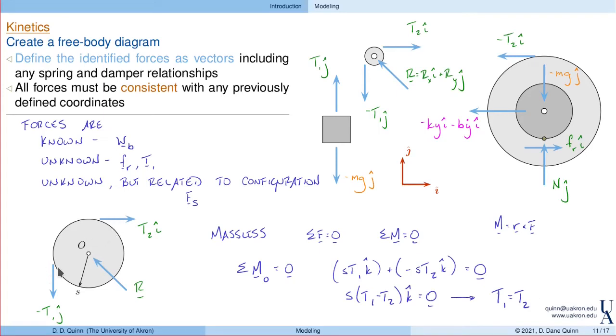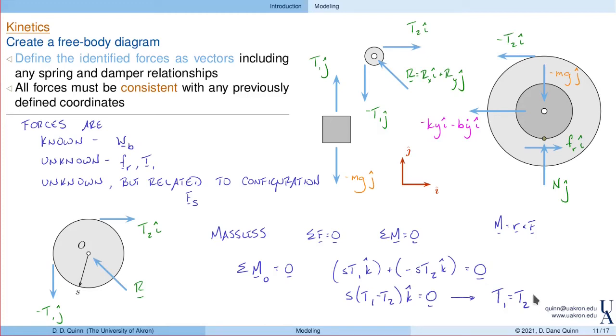So in fact, the tension across this massless pulley is constant. Now, if this pulley had mass, though, then this right-hand side would not be equal to 0, and so T1 would not be equal to T2, right? It would be related to the angular acceleration of the pulley itself. So we can't always make this assumption. We only do this when we have massless objects.